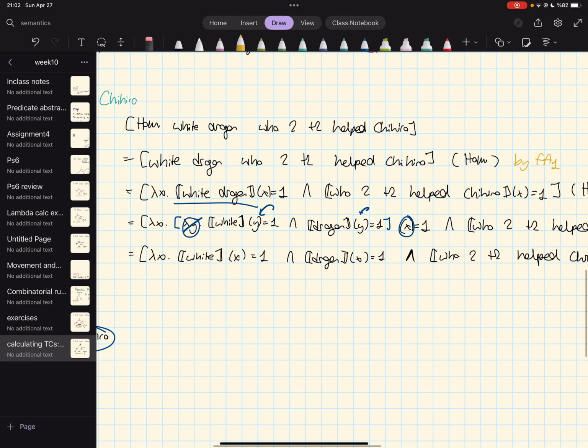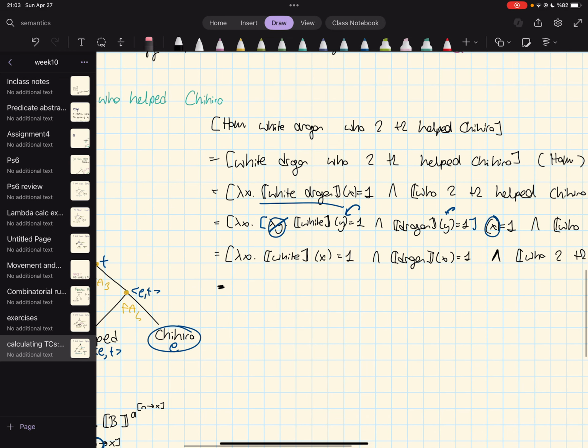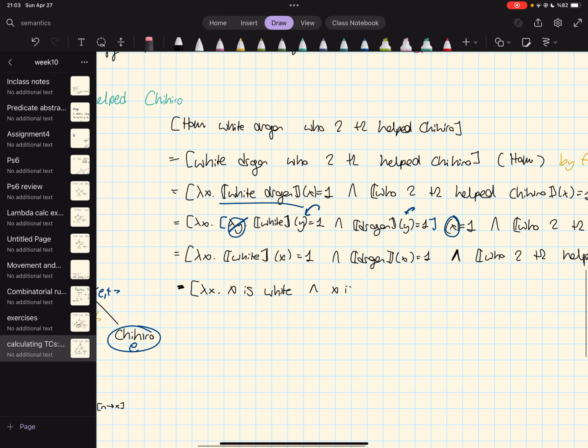Let's take a look. Lambda x such that white x denotes 1 and dragon x denotes 1. What I can say is that, making use of my lexicon, lambda x such that x is white, because the meaning of white x denotes 1 is x is white, and x is a dragon.